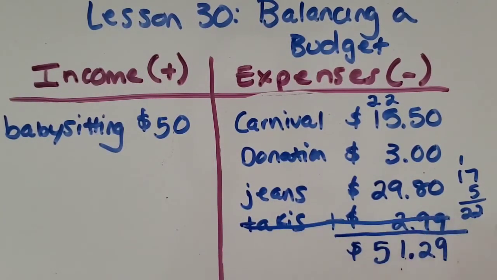Okay, if we take that out, then we'll bring her expenses down, and then maybe that extra money that's left over can be put in savings. That would be great.